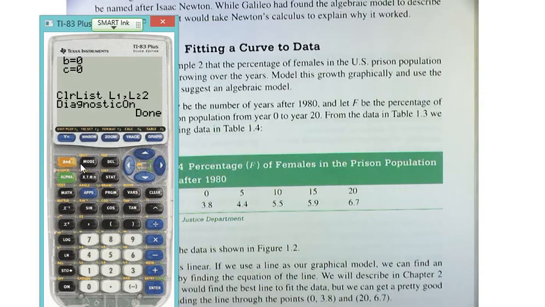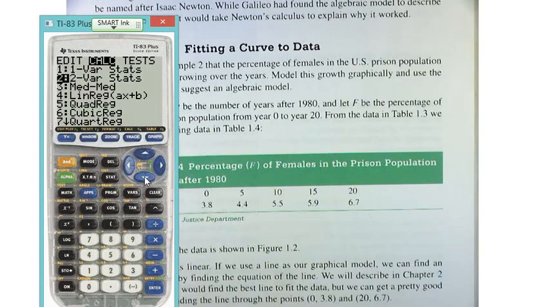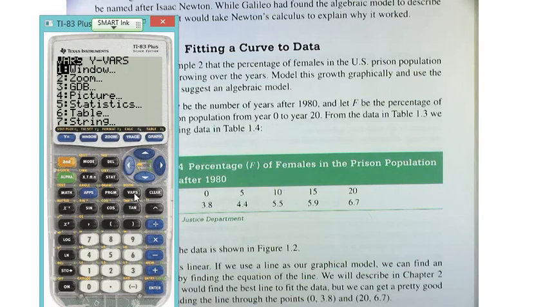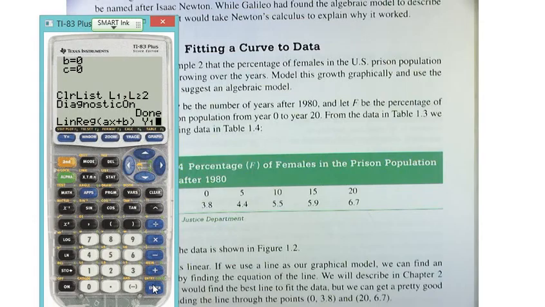Well, let's go back to the graph. Now what I'm going to do is select stat, go to the calculate menu. It looks like a straight line, so I'm going to try a linear regression. By default, it'll do L1, L2. I want to store this in Y1, so I have to hit the vars button, select Y vars, and then choose 1 for function, and store that in Y sub 1.